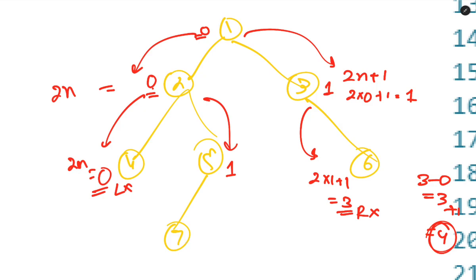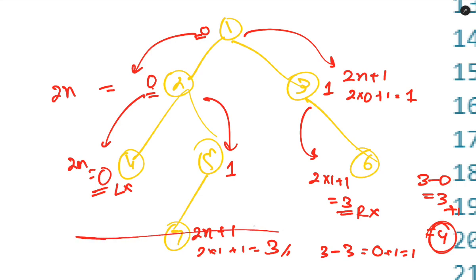Okay, then what about 7? The seventh index will be 2n plus 1, which is 2 into 1 plus 1, which will be 3. Okay, so seventh index will be 3. So Rx minus Lx is also 3, Rx is also 3. So 3 minus 3 is 0, and 0 plus 1 is 1. So total number of nodes in this level are 1. It is correct.